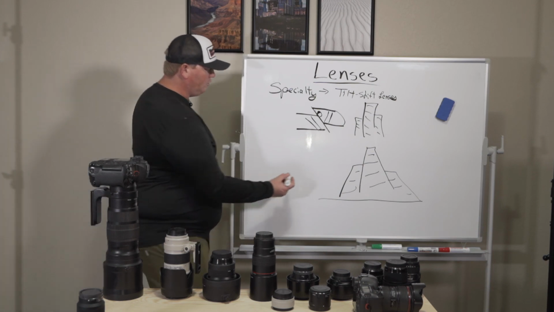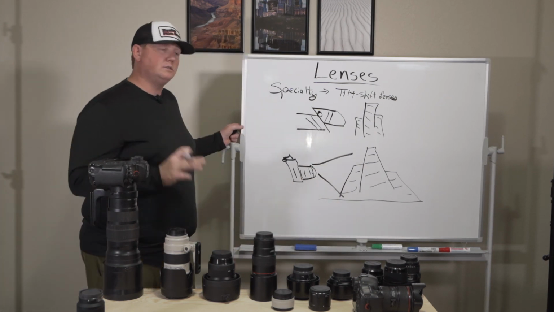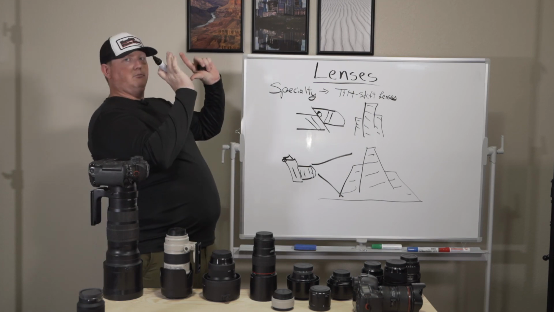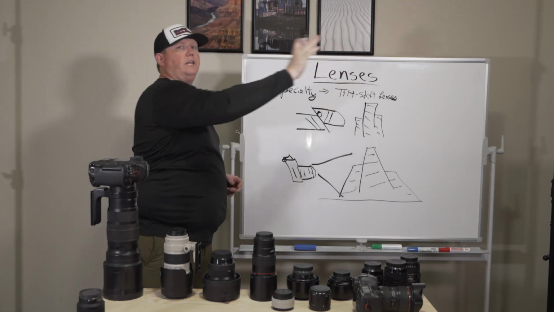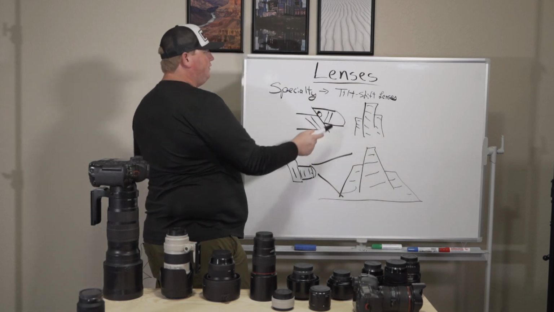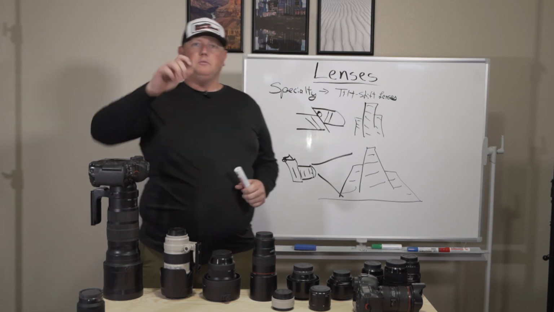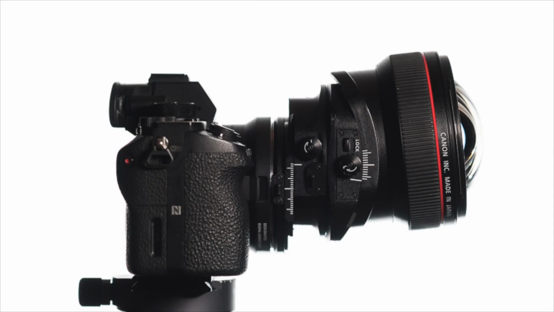You're shooting so wide to capture the whole scene that you have to tilt back, and that makes it look like it's leaning back and away from you. But if you use a tilt shift lens, you get nice, perfectly vertical, square lines because you get to crank on some knobs, and it's the wildest thing when you watch this in action and you actually get to use one.